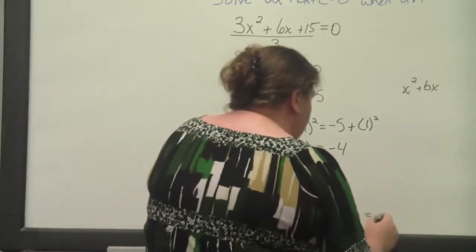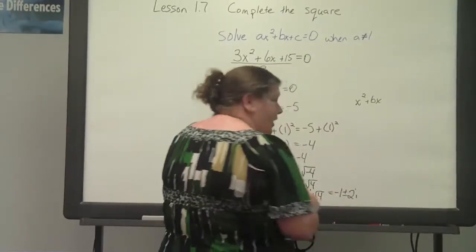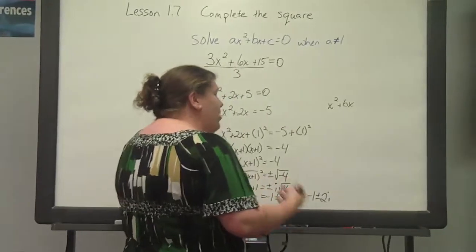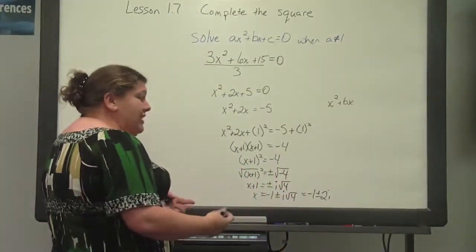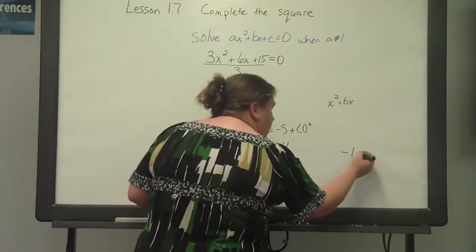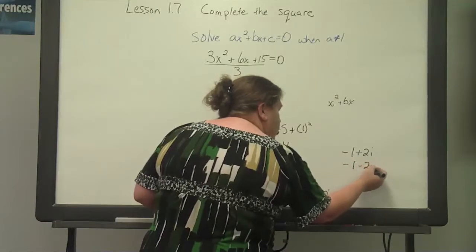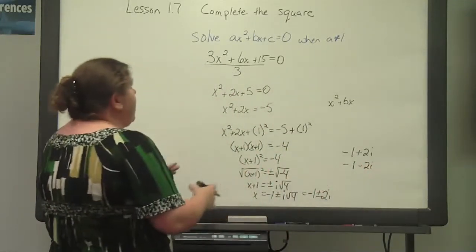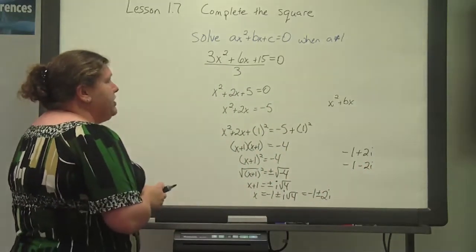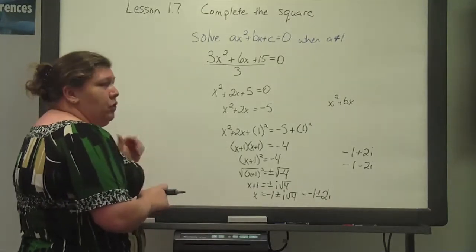So I can rewrite it as a negative 1 plus or minus 2i. And so if you separate your answers into 2 answers, you have a negative 1 plus 2i and a negative 1 minus 2i. So that is how you solve ax squared plus bx plus c equals 0 when a does not equal 1.